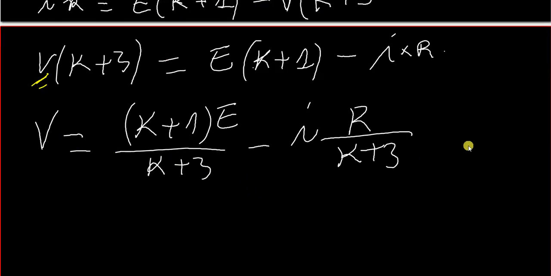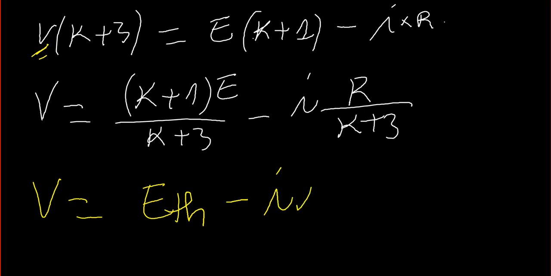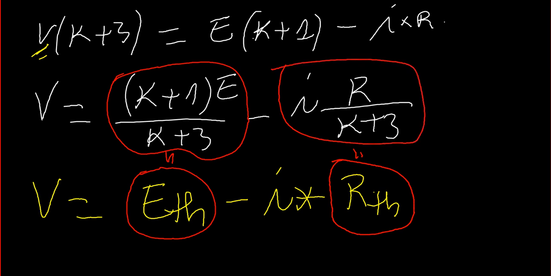And if you compare this equation that we just calculated, we discover that the given expression was V equal to E_TF minus I times R_TF. Now, by identification, you discover that this term is equal to this term, as well as this term is equal to this other term.